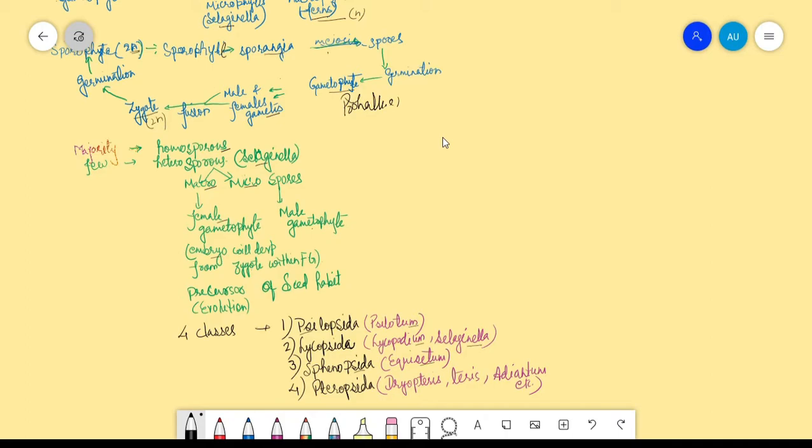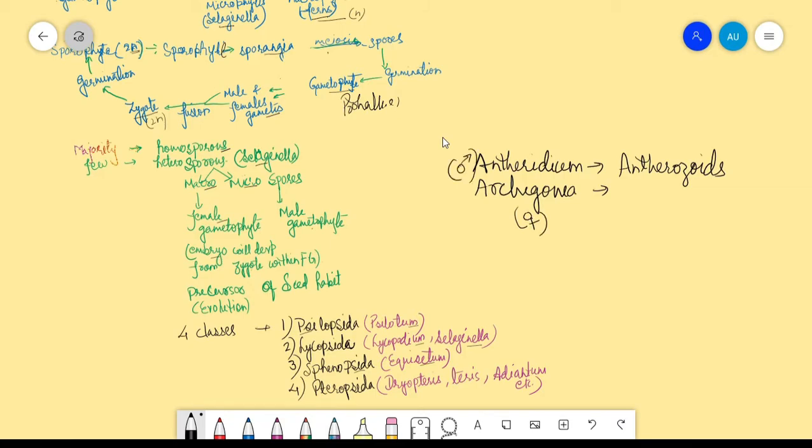The antheridia will give rise to antherozoids, which is the male reproductive structure, and the archegonia is the female reproductive structure. It will give rise to the female gamete, that is the egg.